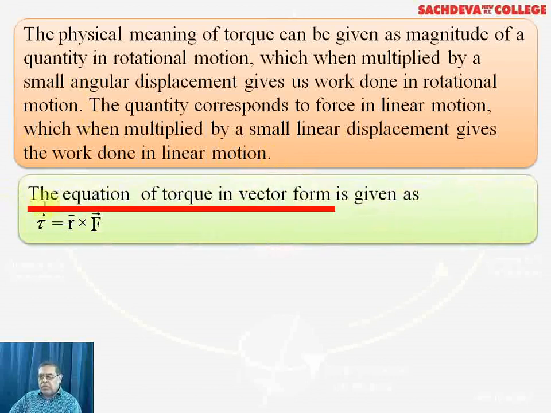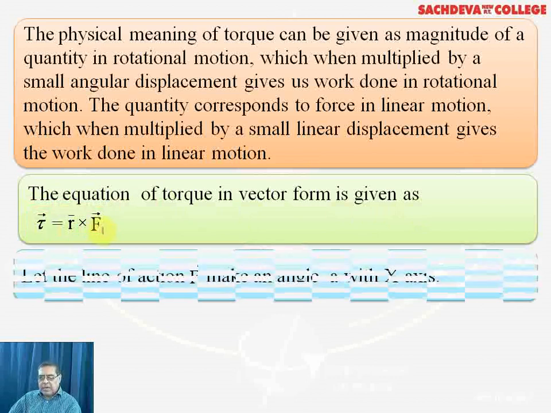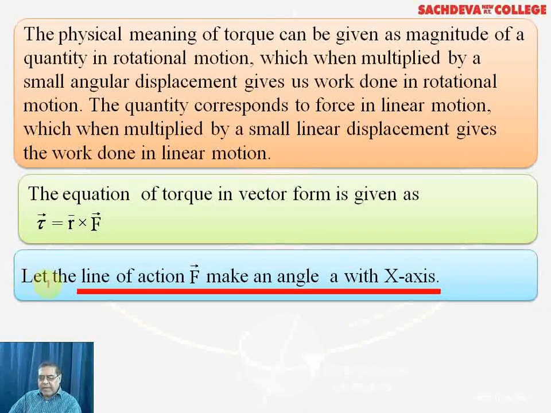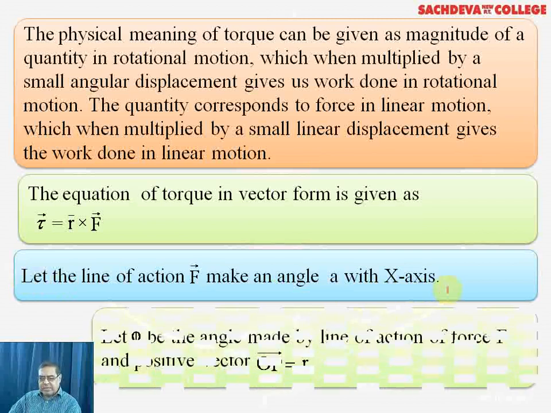The equation of torque in the vector form is generally given as the vector torque is equal to the cross product of radius and force. And the line of action of the force makes an angle with the x-axis.